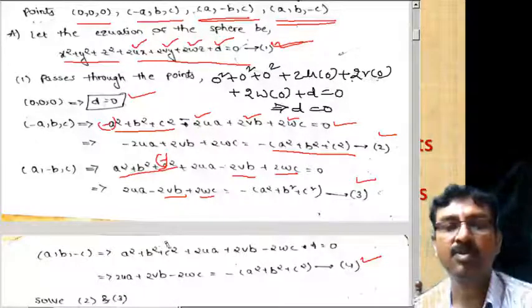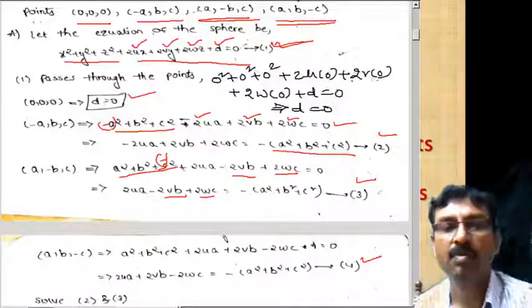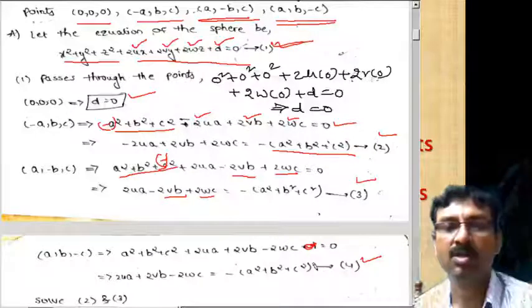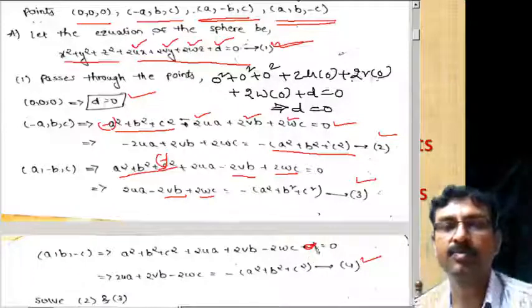We get a square plus b square plus c square plus 2ua plus 2vb minus 2wc equal to 0, which implies, shifting a square plus b square plus c square to the right side, 2ua plus 2vb minus 2wc equal to minus of a square plus b square plus c square.